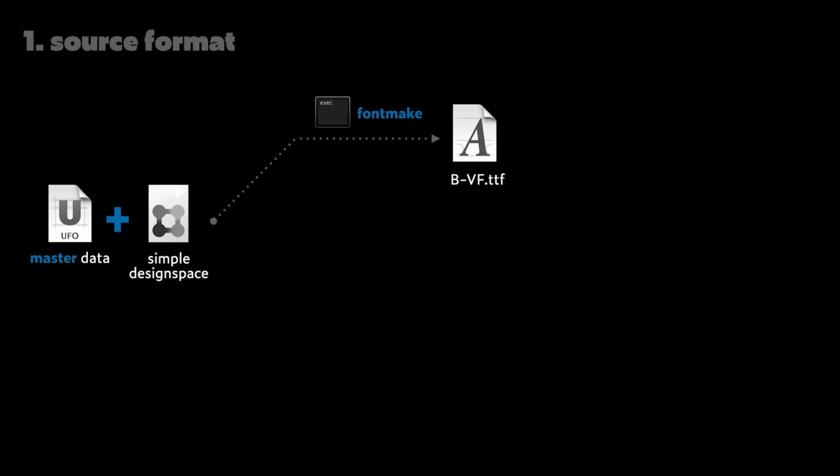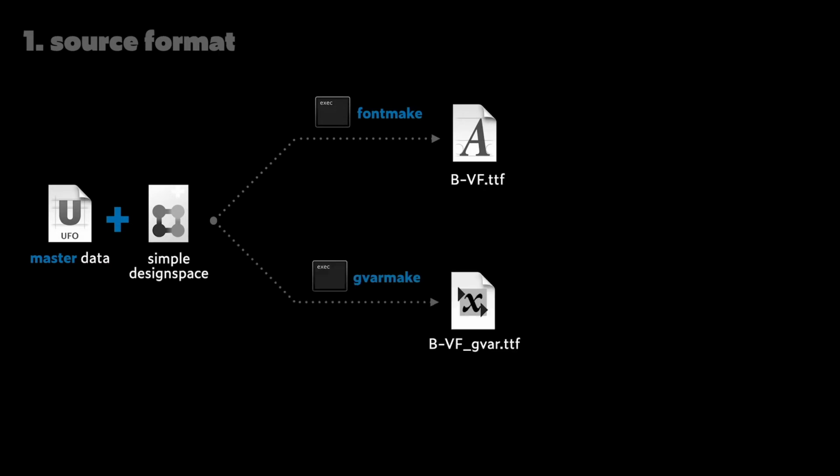And this master data file we used combined with a simple design space and fontmake to create a basic variable font. And this basic variable font doesn't have any dynamic functionality. It doesn't have any deltas included. So all the deltas, the whole gvar table, get generated by a different program that we made ourselves. And so gvar make generates all the data, the whole gvar table.